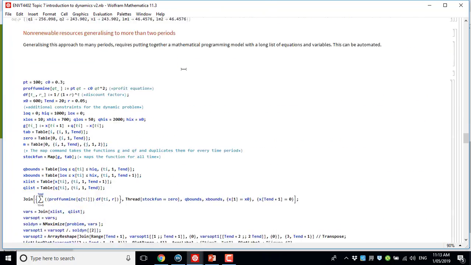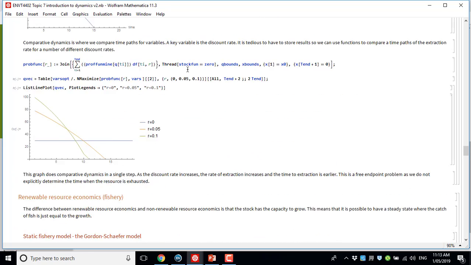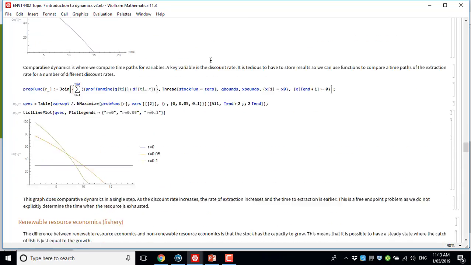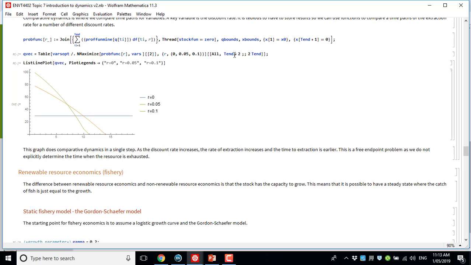And then if you scroll down, we looked at the idea of comparative dynamics. So with a non-renewable resource, is there a steady state? Does a steady state make any sense with a mine?